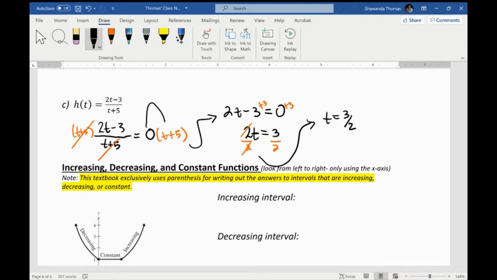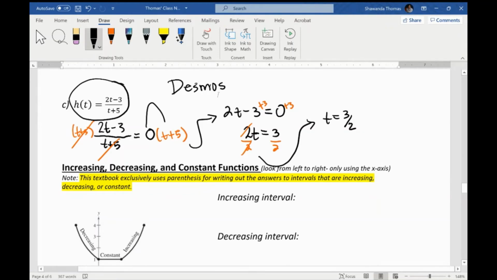All right. What I want you to do is use something called Desmos to graph this. Did everyone download Desmos? That's an app on your phone. If you have not, go ahead and download the Desmos app to your phone.